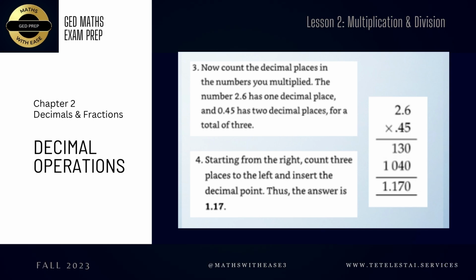Here we multiplied 2.6 by 0.45. Our answer is less than 2.6 because we're multiplying a small part, this portion of a number that's less than 1.